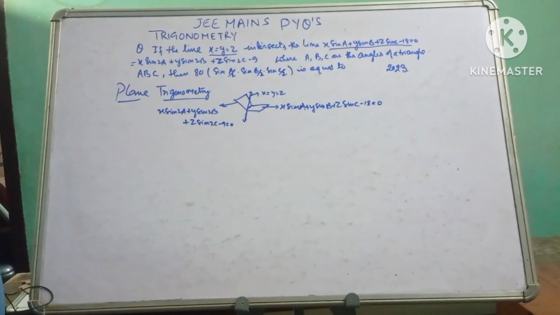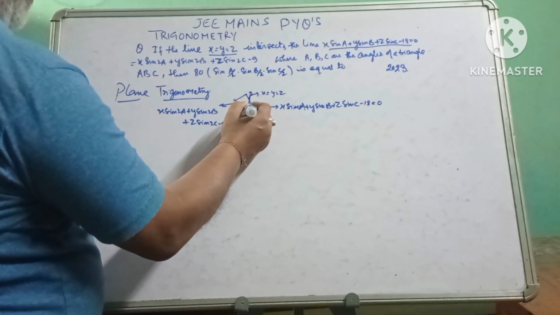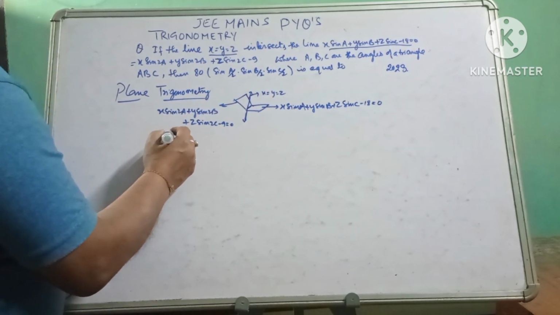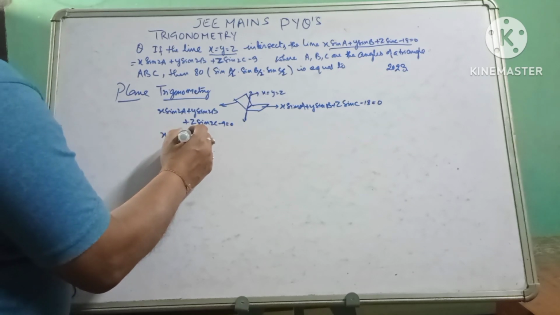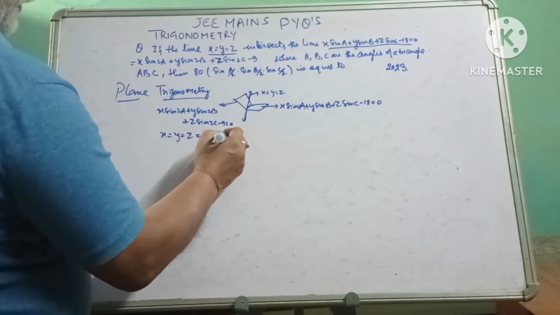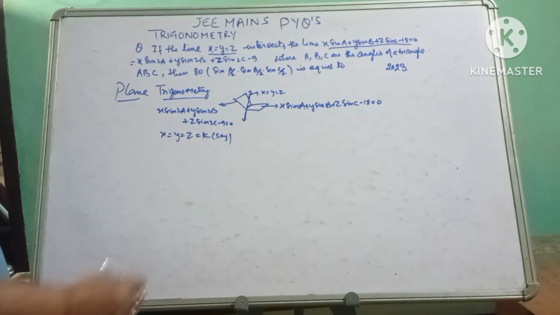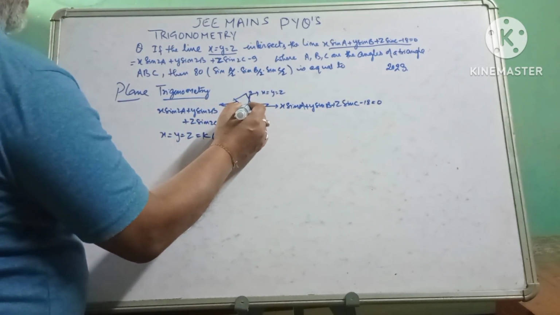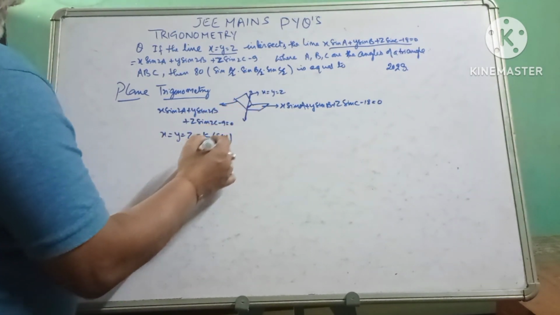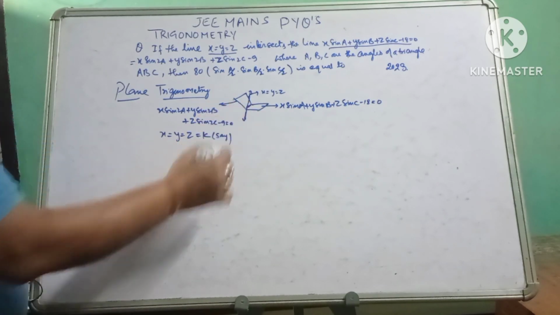Let us take that where they intersect, x is equal to y is equal to z is equal to k, so all these are equal. Let us take that this point is x, y, z where it intersects.